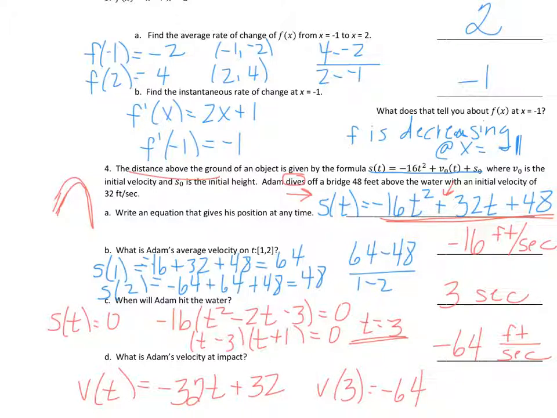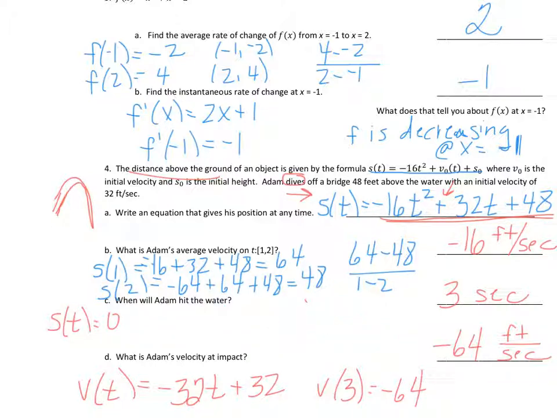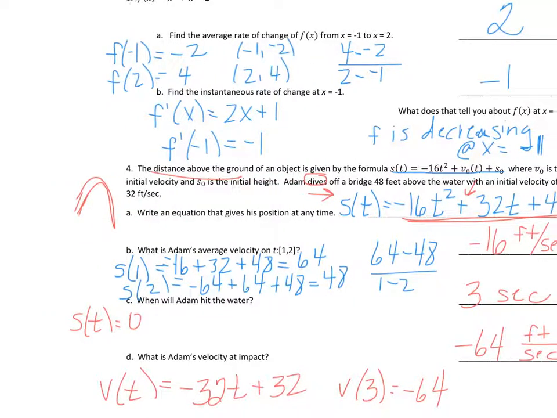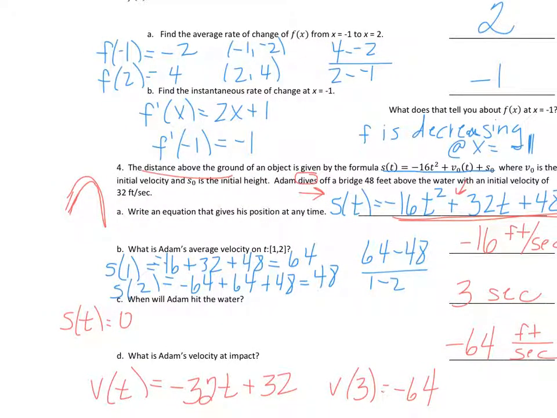But I'm going to go back to this one and tell you something about a calculator portion of the test. Let's say this was a calculator part and I wanted to use my calculator. Right here when it says, when will Adam hit the ground?